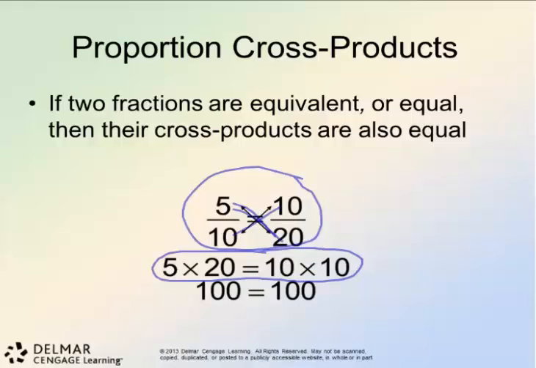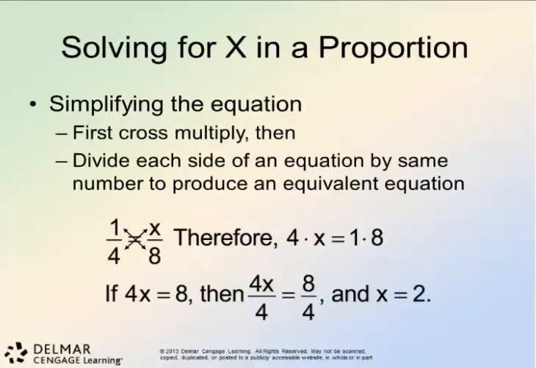So again, 10 times 10 is 100, 5 times 20 is 100, so those two fractions are indeed equal to one another. But as I said, normally one of those values is unknown, so we might use a variable such as x, and we have to find the value of x. We have to solve for x.